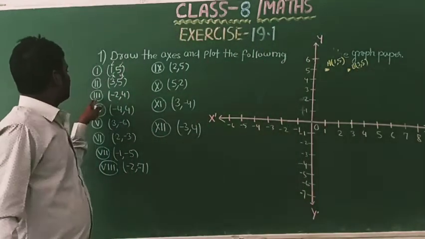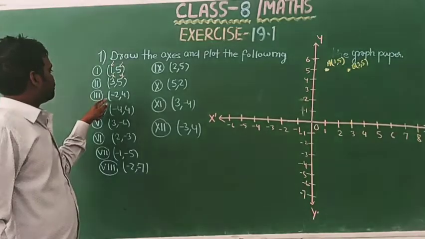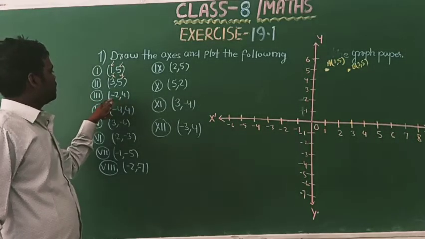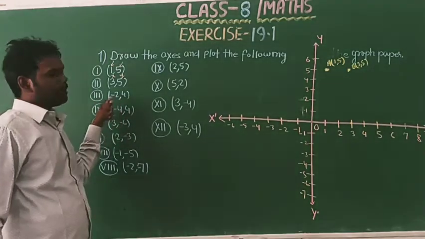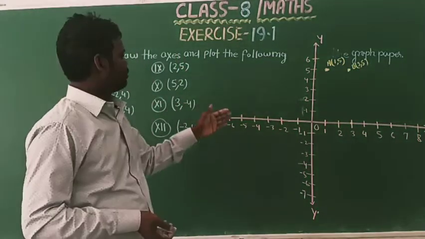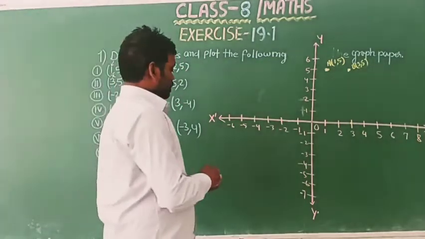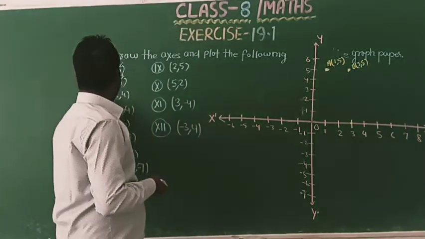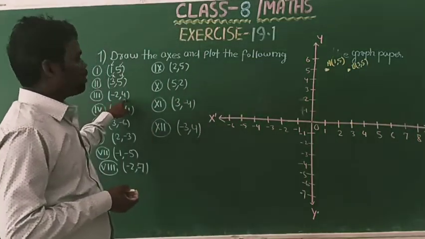The third point is minus 2 comma 4. Minus 2 comma 4 lies in the second quadrant. Here the x coordinate is minus 2 and the y coordinate is 4.